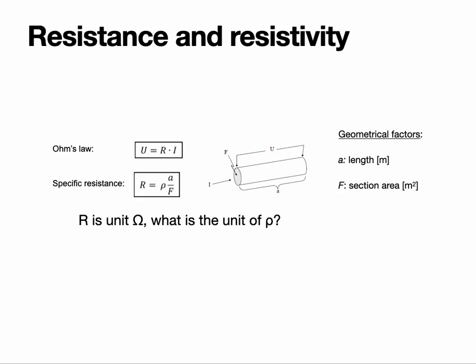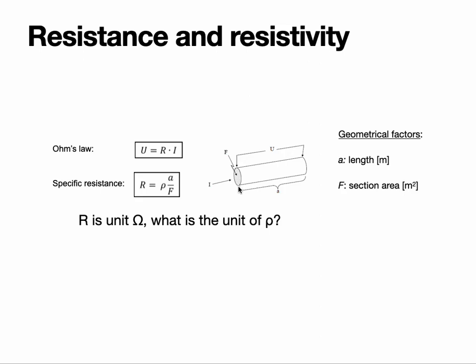So now we have to go to basic relationships. So here is Ohm's law again. So we have U is equal to R times I. And we consider a cylindrical medium here.